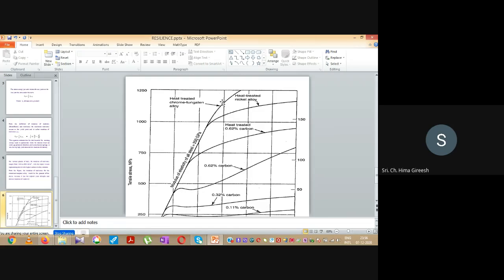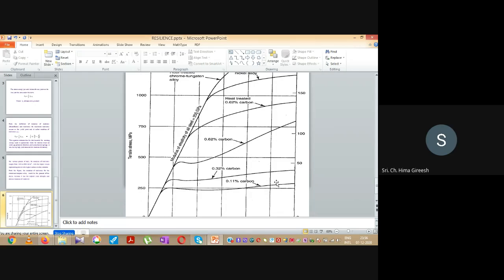If you observe this curve, it is heat treated chrome tungsten alloy, this is heat treated nickel alloy, this is heat treated 0.62 percent carbon, this is 0.62 percent carbon only, this is 0.32 percent carbon, and this is 0.11 percent carbon.